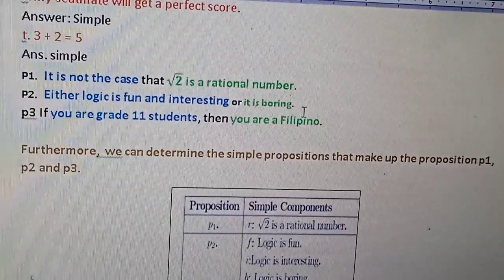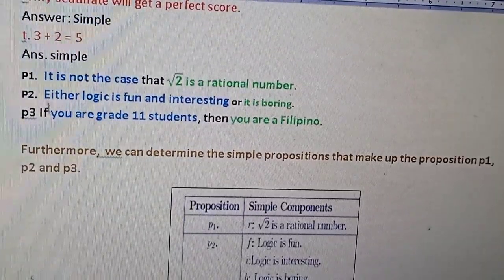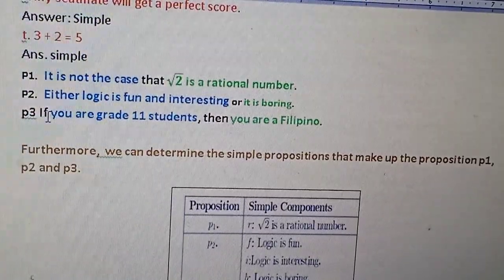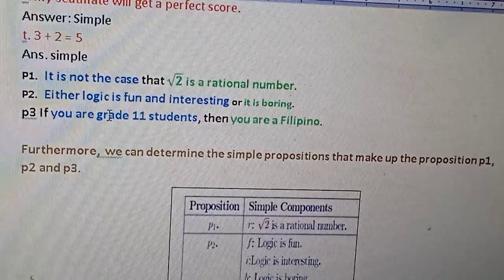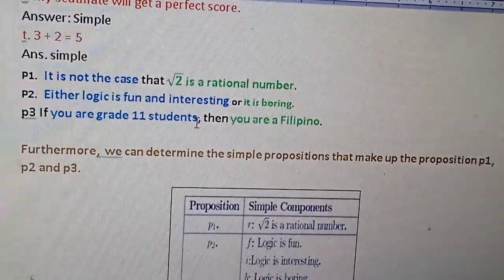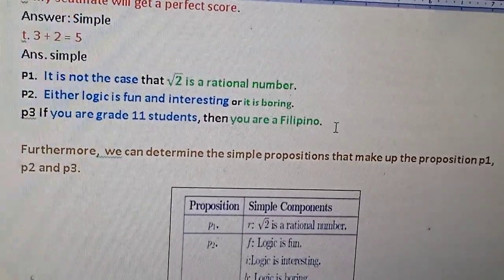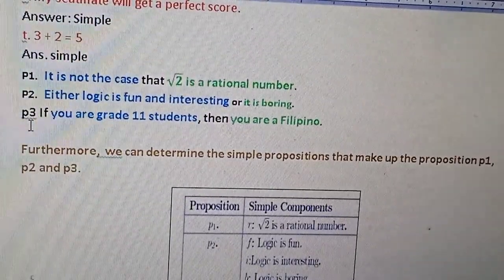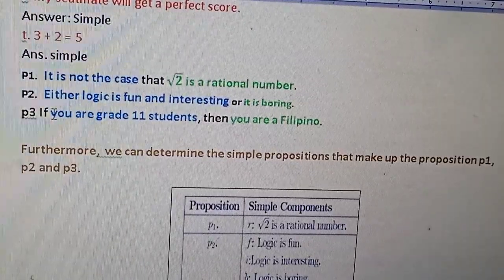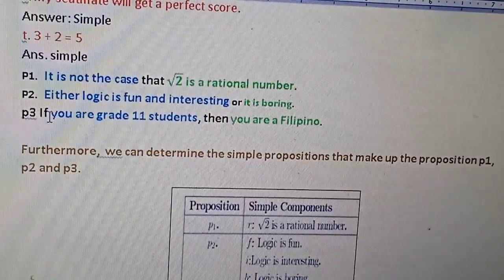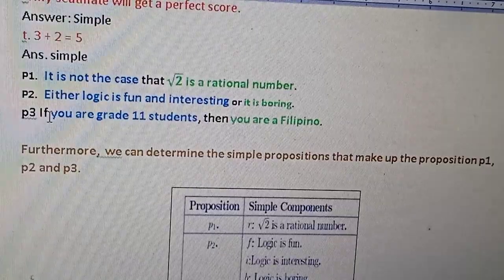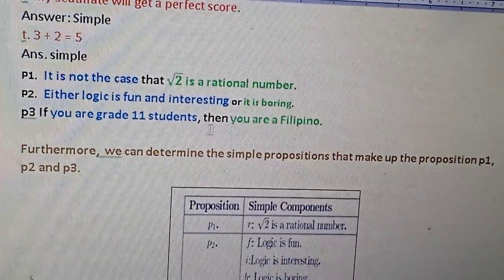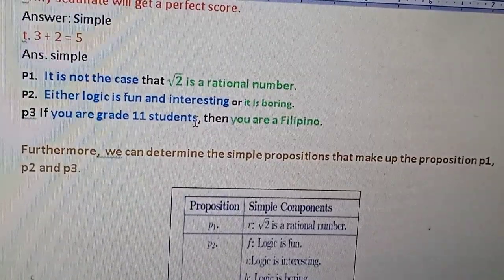So this is a compound proposition. Proposition 3. If you are a grade 11 student, then you are a Filipino. Again, this is a compound proposition, using a combination of logical connectors, if and then.